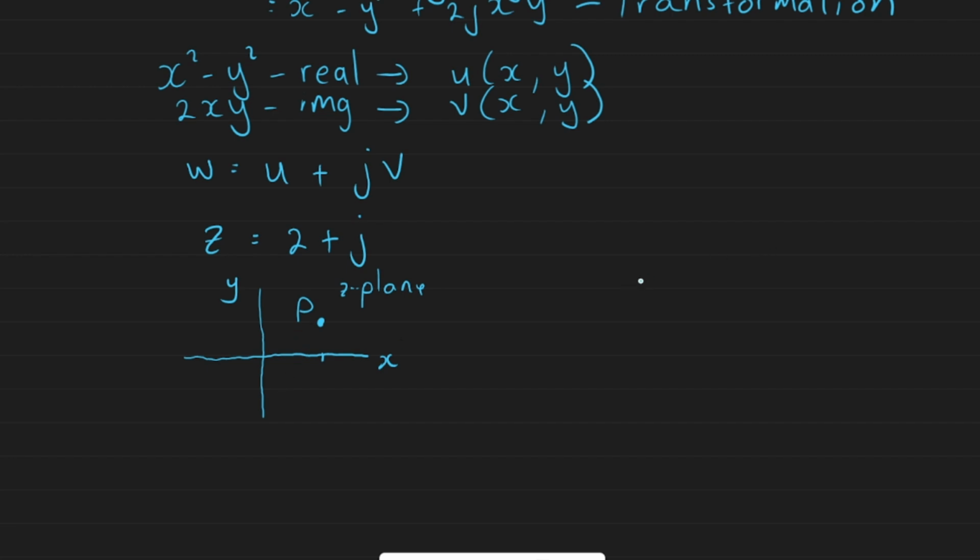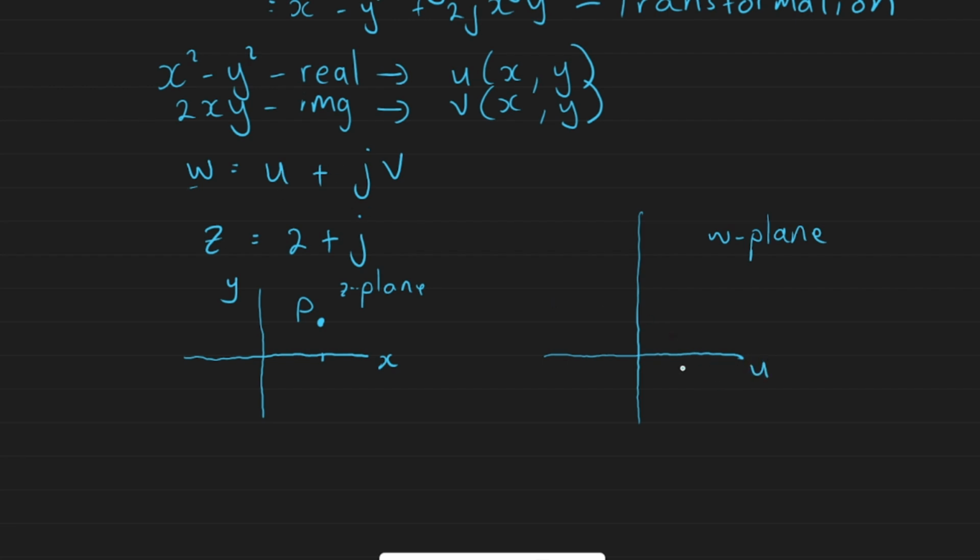So what is our transformation? Our transformation now is into a function of z, and that function is w. So we're no longer talking about the z-plane, we're talking about the w-plane. So that's the w-plane. So in the same way, z was imaginary with y and real with x, and now w is with u and v.